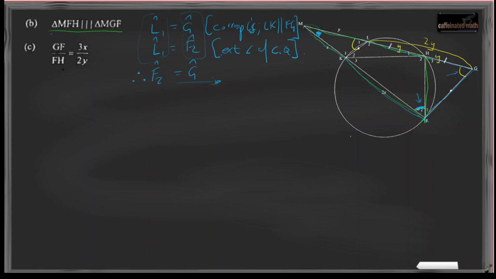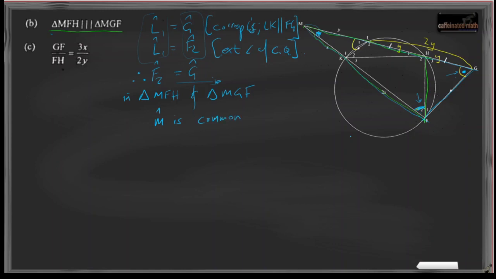Two angles are enough, and we need those corresponding angles to equate to each other. So in triangle MFH and triangle MGF, what do we have? Angle M is common.